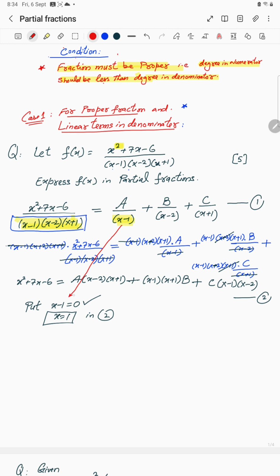We took this from here and equated it to 0. Once we put it into equation number 2, we get 1 square plus 7 times 1 minus 6 equal to A times 1 minus 2 times 1 plus 1, plus 1 minus 1 times 1 plus 1 times B, plus C times 1 minus 1 times 1 minus 2.